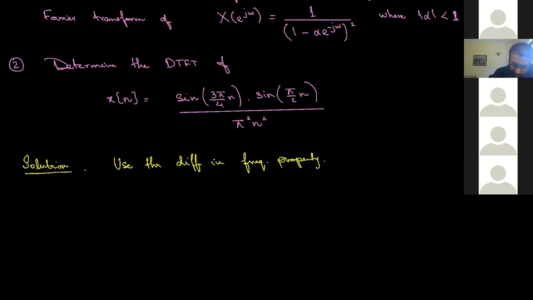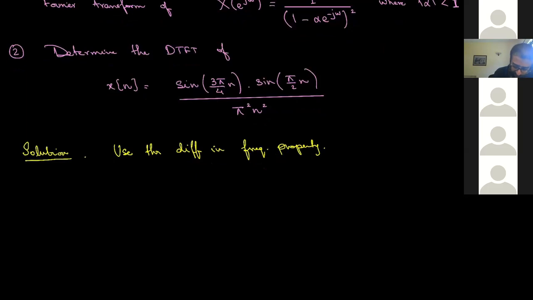What is that differentiation in frequency property? It says that the Fourier transform of n times x of n is equal to j times d by d omega of x of e raised to j omega. So this is something I'm going to use. Why do I use this?